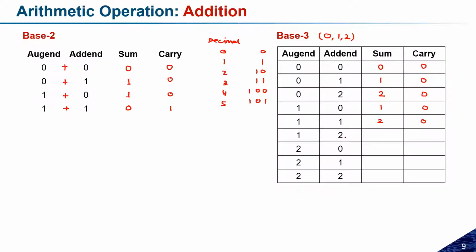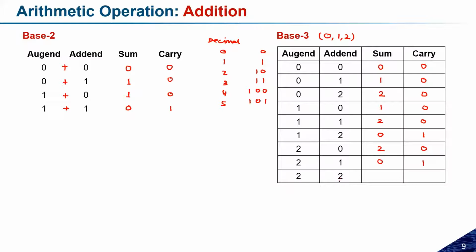1 plus 2, now here things change, because in decimal it comes to 3. But in base 3, the sum will become 0 and it will generate a carry of 1. 2 plus 0, the sum will be 2 and the carry 0. 2 plus 1, that will become 0 and carry 1.